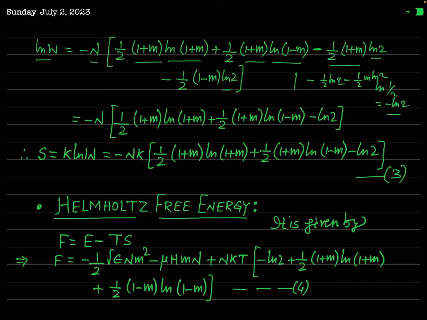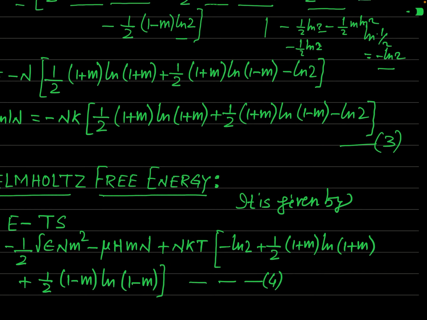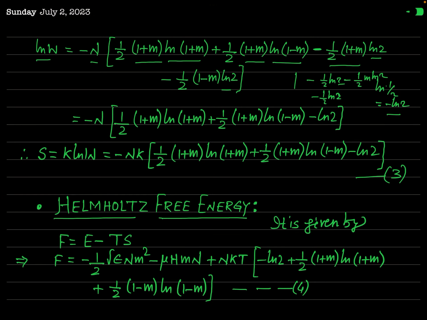And when you multiply it here, you can see this will be minus 1 by 2 log 2, and minus minus will be plus, sorry, this will be plus 1 by 2 m log 2.